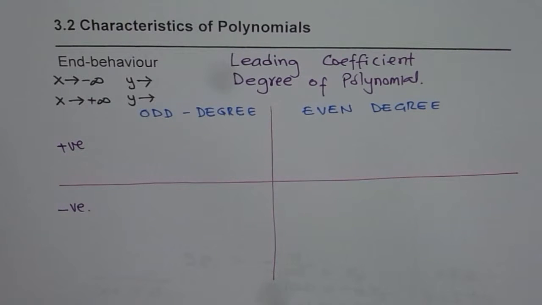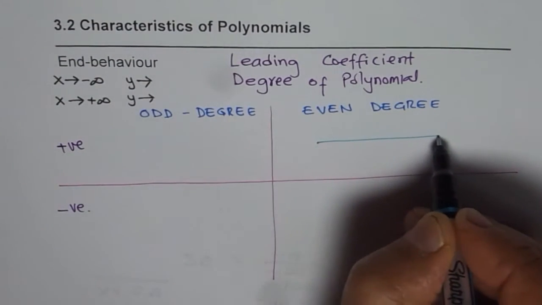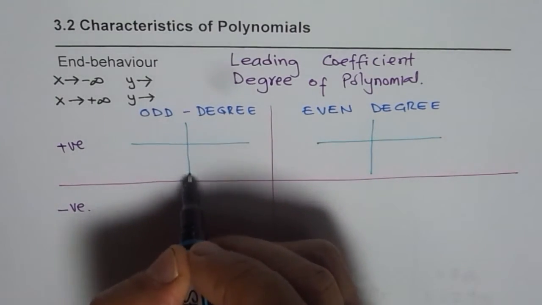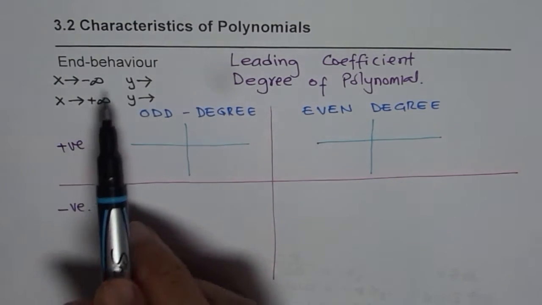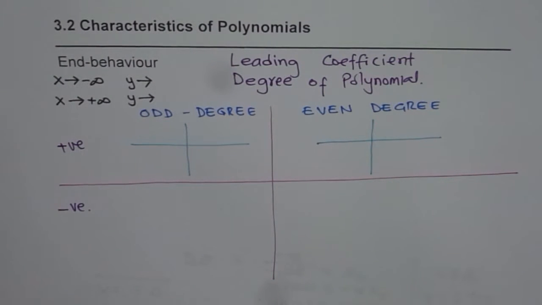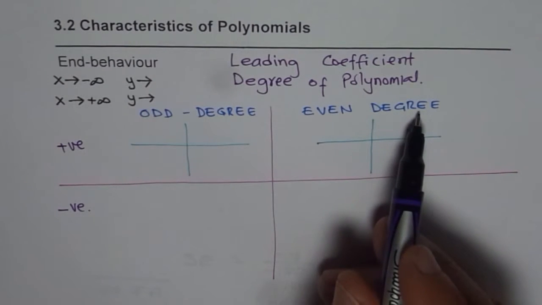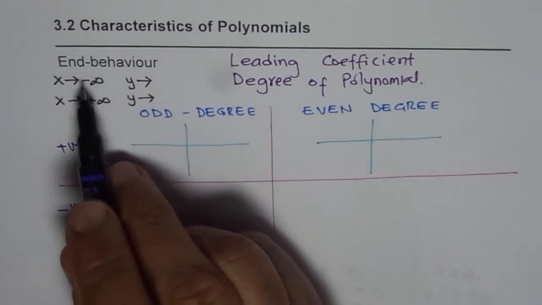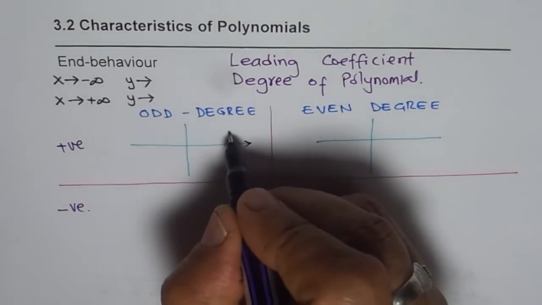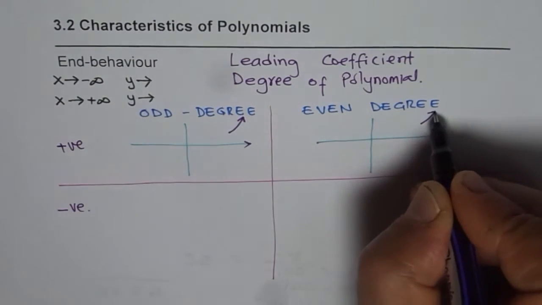Okay, now let's begin with positive leading coefficient, right? So I'm just sketching possible graphs, rather end behavior. If the leading coefficient is positive, then whether it is odd degree or even degree, if x approaches positive infinity, that means this side, y will approach positive infinity in both the cases.